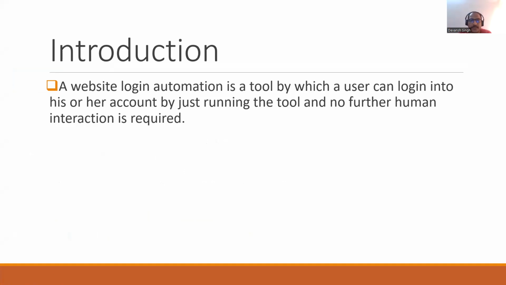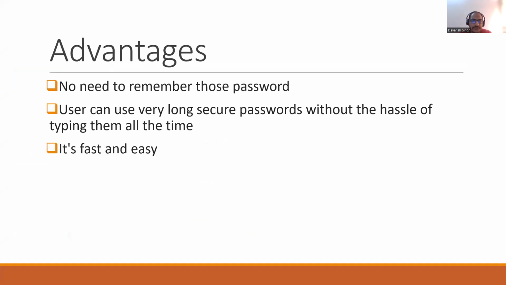So here are the advantages. The user does not need to remember the passwords. The user can use a very long secure password without the hassle of typing it all the time, and it is fast and easy. It means within 30 seconds it logs into your account just after running the tool.